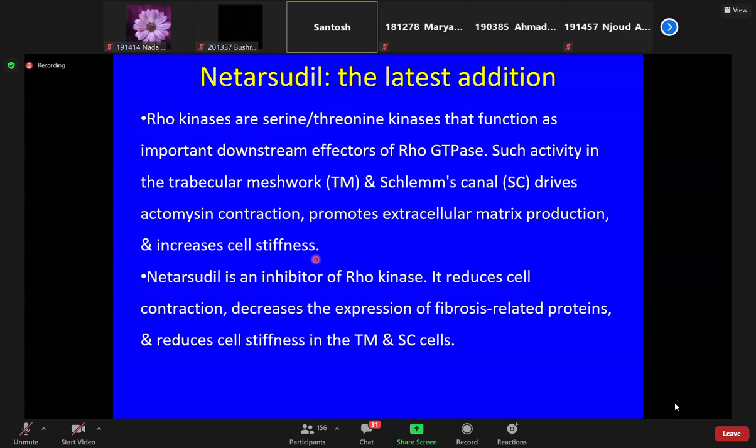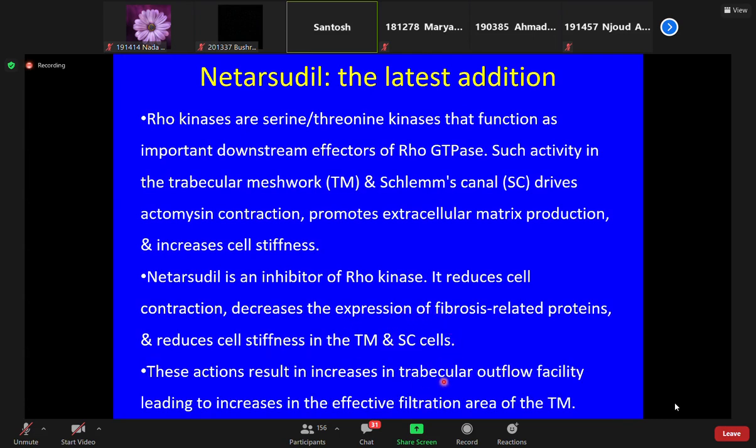So inhibition of Rho kinases will reduce cell contraction, decrease the expression of fibrosis-related proteins, and reduce cell stiffness in trabecular meshwork and Schlemm's canal. These actions result in an increase in trabecular outflow facility, leading to increases in the effective filtration area for the trabecular meshwork. So this again facilitates the outflow or drainage of aqueous humor.